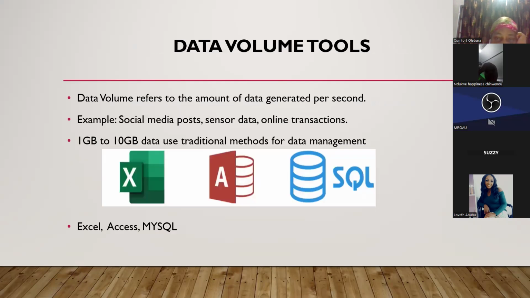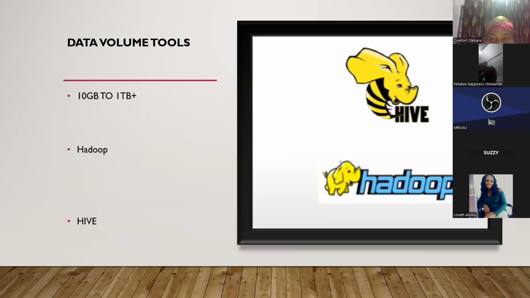Last class we talked about data volume, the tools, and the data types they can analyze. We talked about big data, Hive, and Hadoop. Today, as an extension, I'm adding Spark, because I intend to use Spark; Hadoop is good, but it has a lot of limitations.